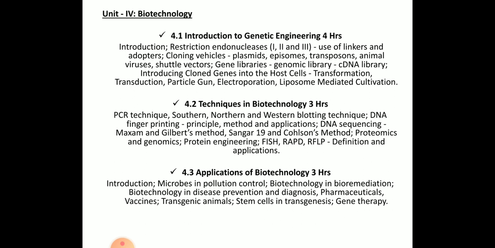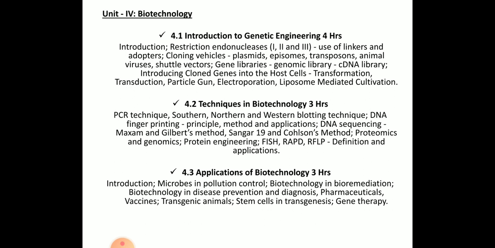What are the different types of techniques we use in biotechnology or in overall life sciences, like the PCR technique, which helps in amplification of DNA, and Southern, Northern and Western blotting. These are the blotting techniques; Western blotting helps in detection of proteins. DNA fingerprinting, very important for criminological studies. What is the principle, what are the methods we use in DNA fingerprinting, and the applications, and DNA sequencing.